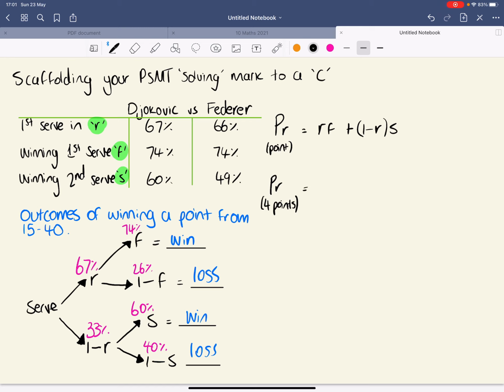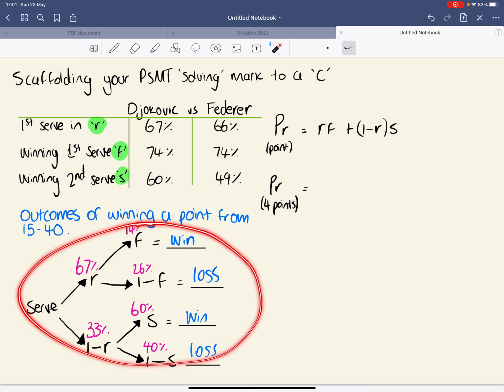All right. Think about this. We have to find the probability of winning a point, which is all this, and then doing it again and again, right? And then again. So now we've won 1 point, then a second point, then a third point, and then again.